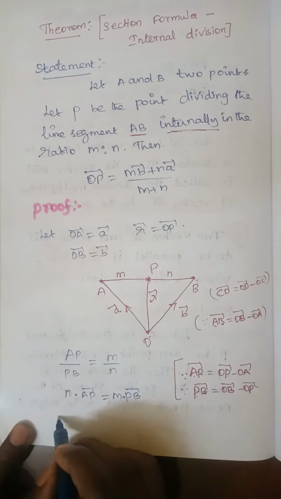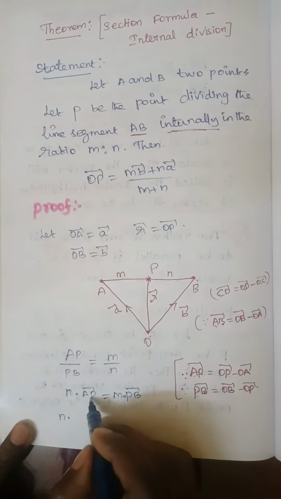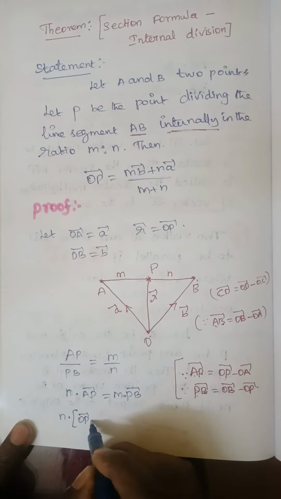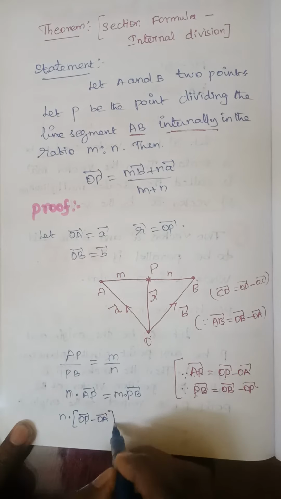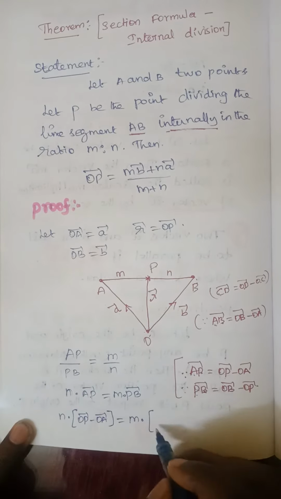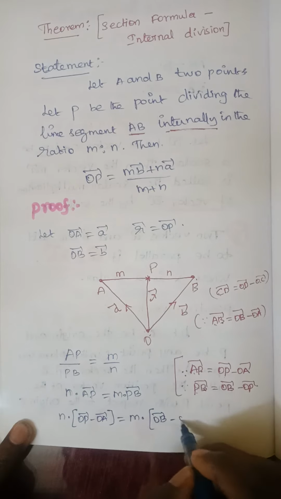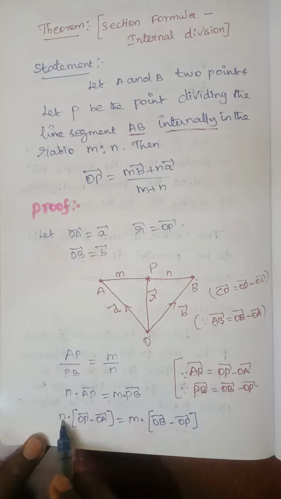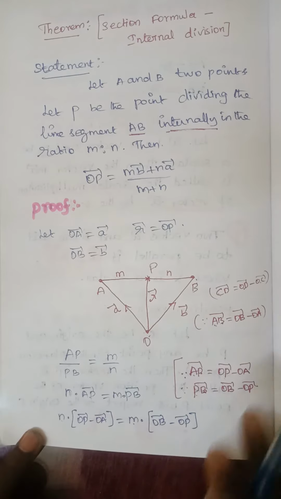So now n into AP vector we can write as OP vector minus OA vector, which is equal to m into PB vector, which we can write as OB vector minus OP vector. Now I am going to multiply n and m inside.